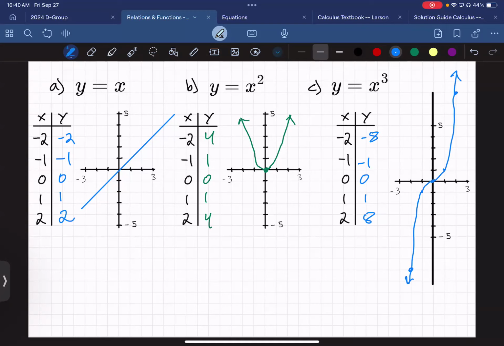All right, one thing I would point out here, this is what we call an odd function. And that's because it's symmetrical to the origin. So when you see that, this is where we see symmetry to the origin.